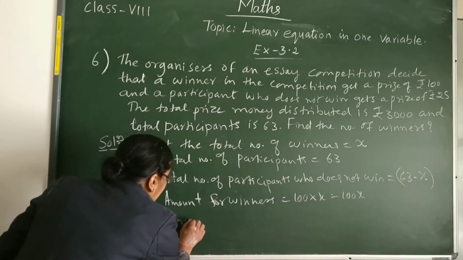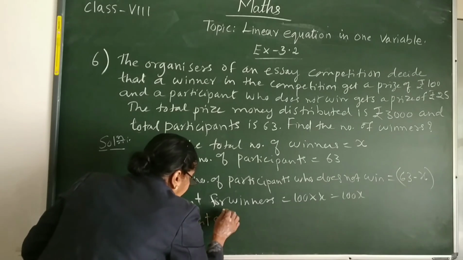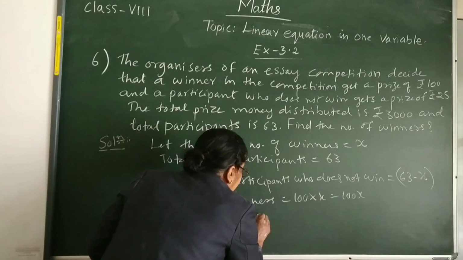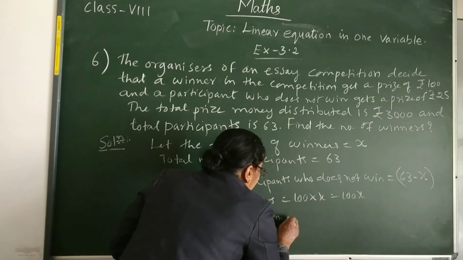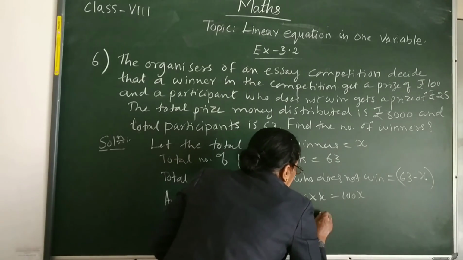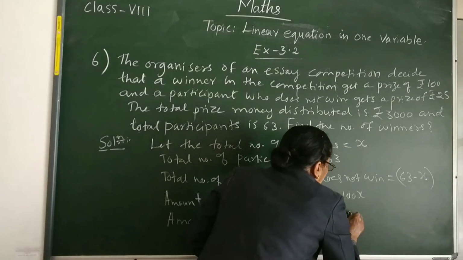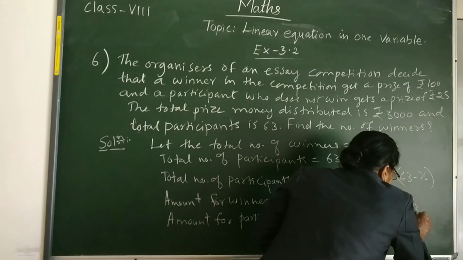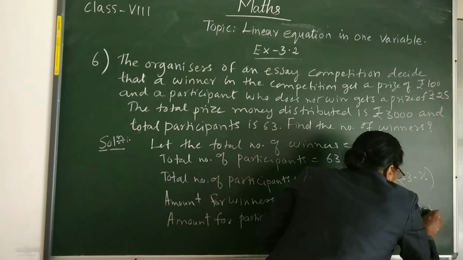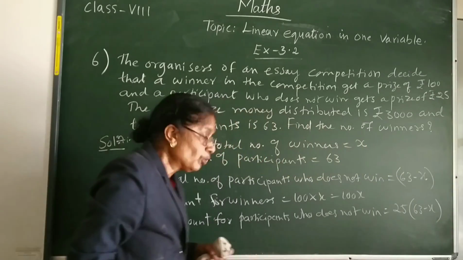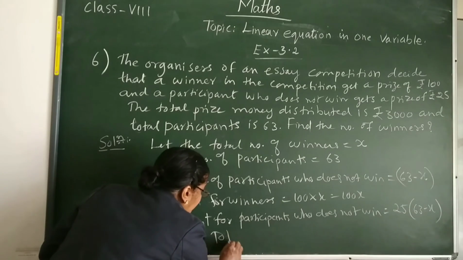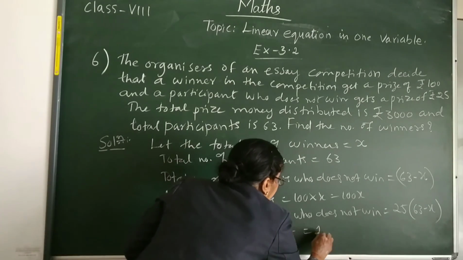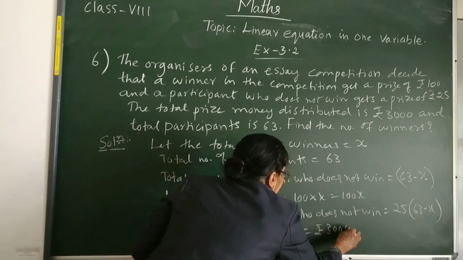Next, the amount for participants who do not win is equal to 25 into 63 minus x. The total amount is rupees 3000.